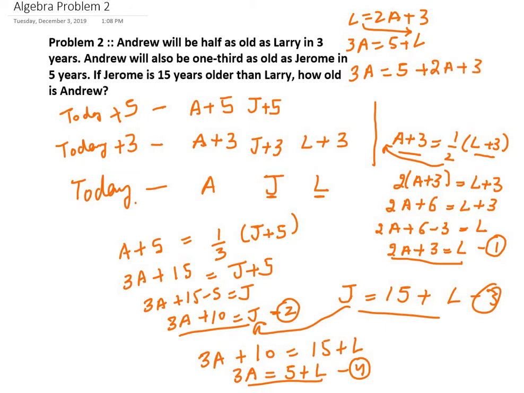Now if we take this 2A to the other side, it will be 3A minus 2A is equal to, and we add 5 with 3, it will be 8. So A is equal to 8.